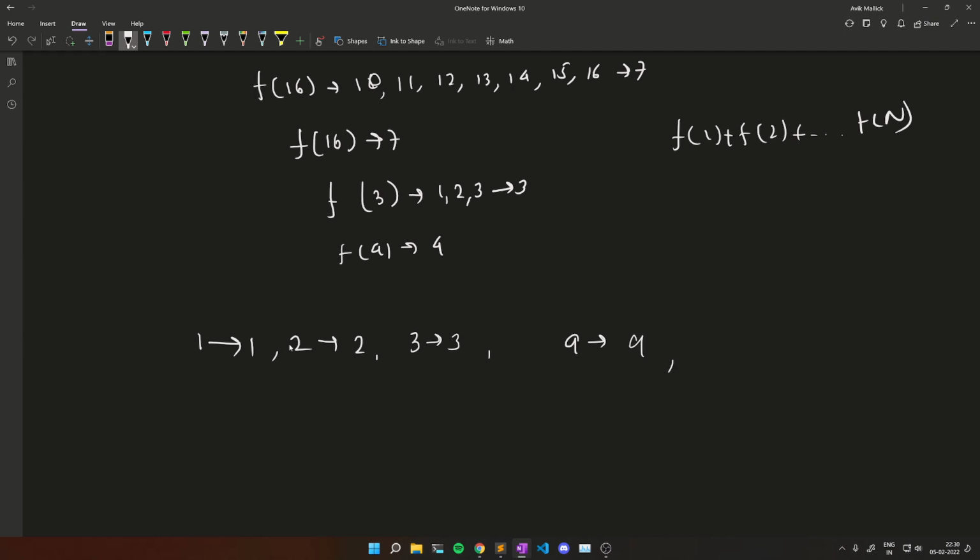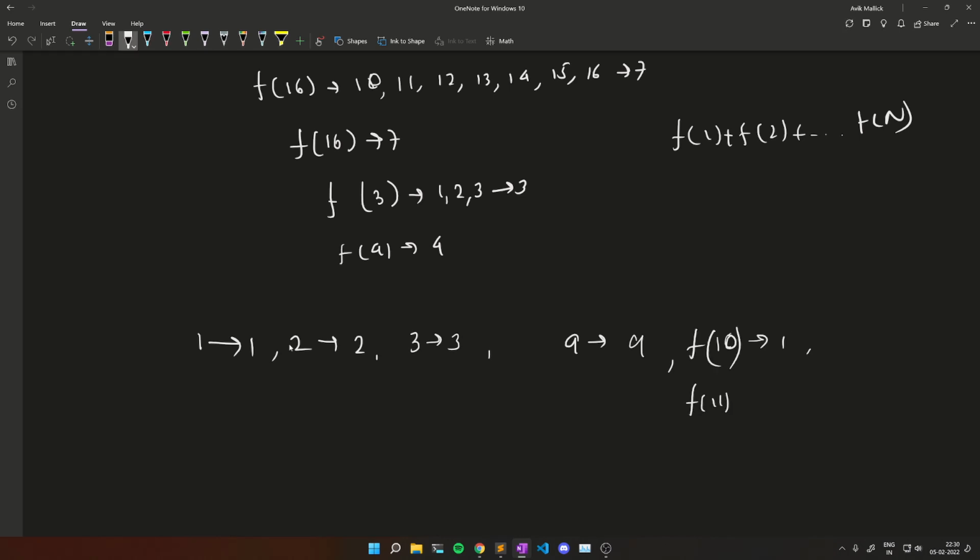After that, when it starts from 10, it will be 1, because before 10 there is no positive 2-digit number, since 2-digit numbers start from 10. So f(10) will be 1.